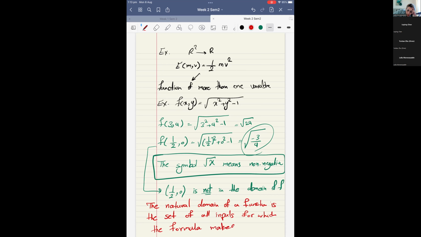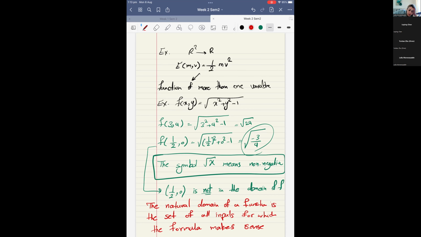You cannot use any input, because if I use half and 0, your output is negative, and you know that under the square root can never be negative.